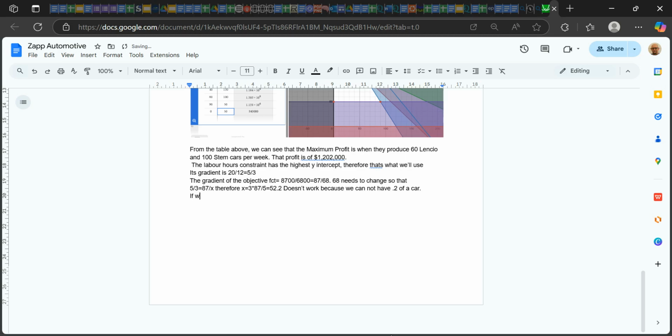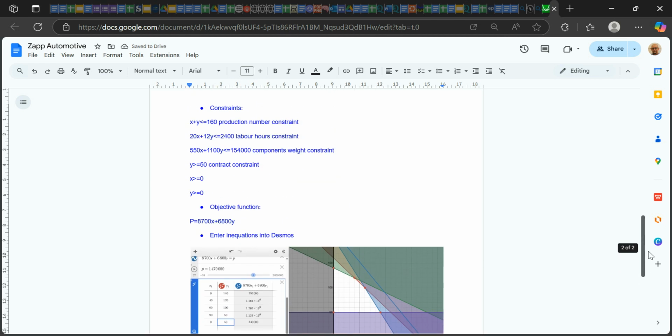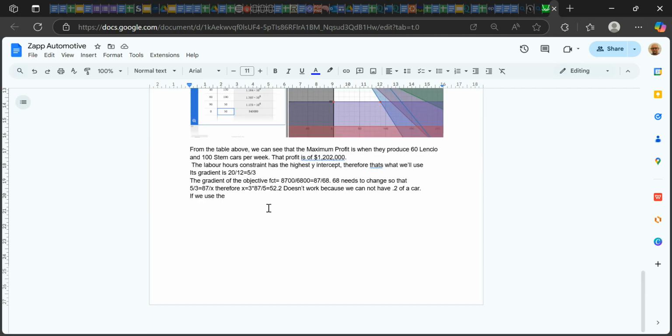If we use the production number constraint, how much is the gradient for that one?